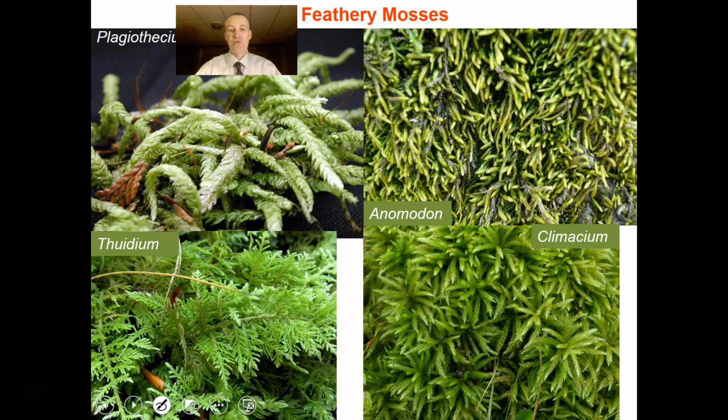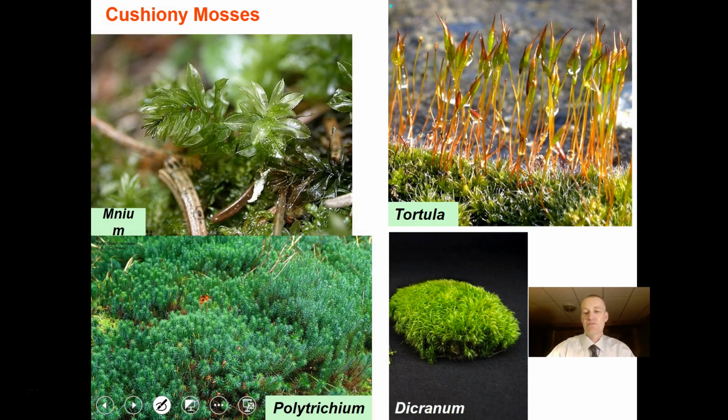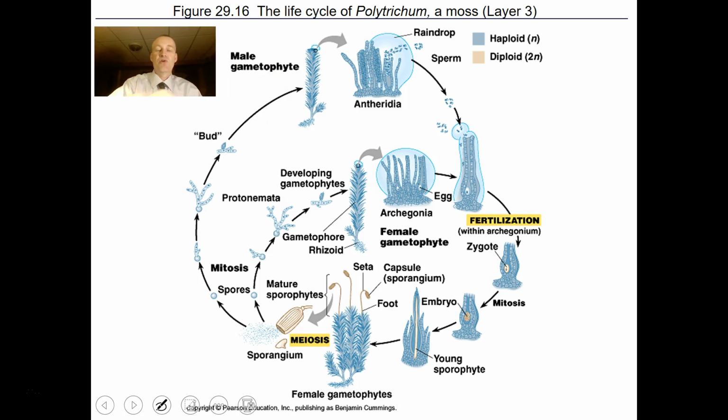So here we have feathery mosses that kind of look like feathers, or even somewhat like fern plants, fern-like, but they're not ferns. Here we have cushiony mosses. My favorite is the pincushion moss, and that's very common around here in this area. They look like little pin cushions. And so let's go over here. So I'm just showing you several types of them that are common around here.